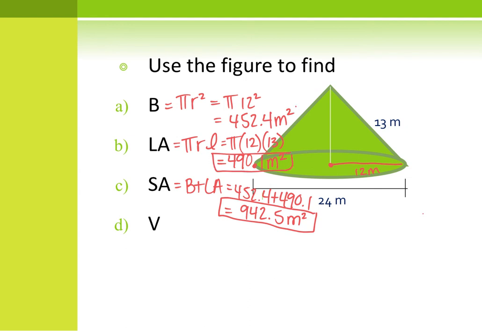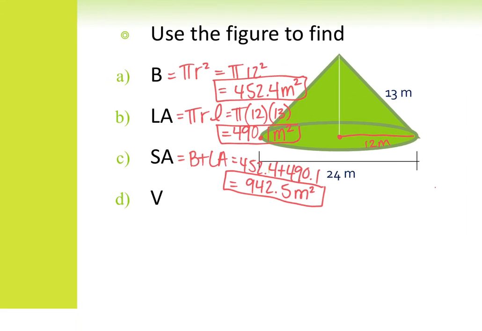And lastly, the volume. Who thinks they know how to do the volume? Mariana? Ooh, 1/3. You're going to use the B. I like that. So let's just use this B in our volume formula. So our B, which is 452.4, and then times the height, right? What's the height?